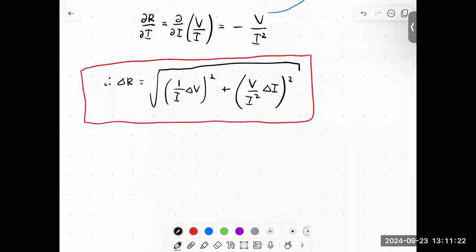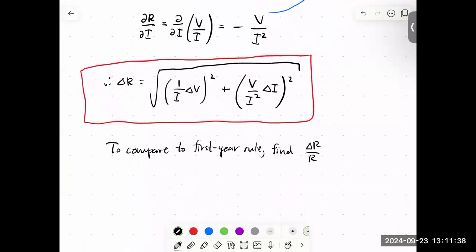So to compare to the first year rule, let's find delta R over R.